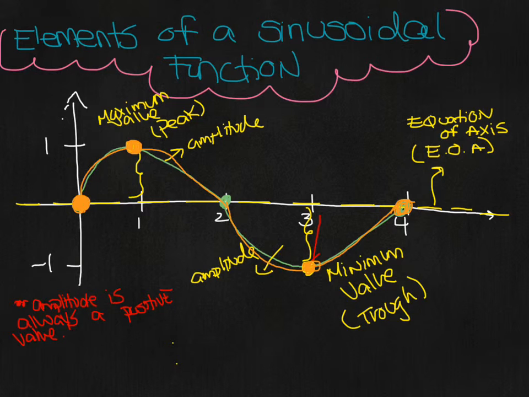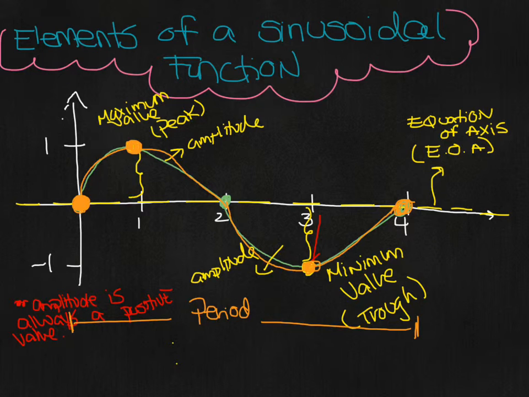We went up to our maximum, which was 1, but in order to complete a period, we also have to cut through our minimum, so we keep going until we hit -1, but then we have to return back to our original starting point. So our period would actually be from 0 to 4 units, which represents one complete cycle.